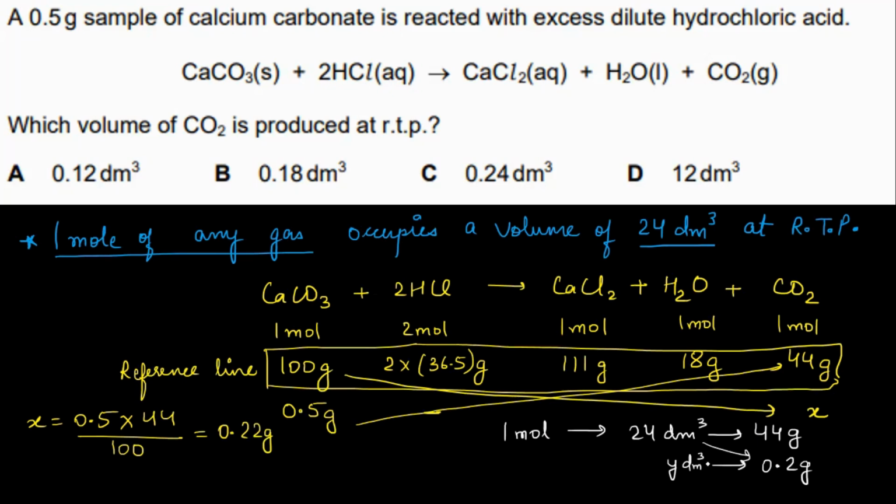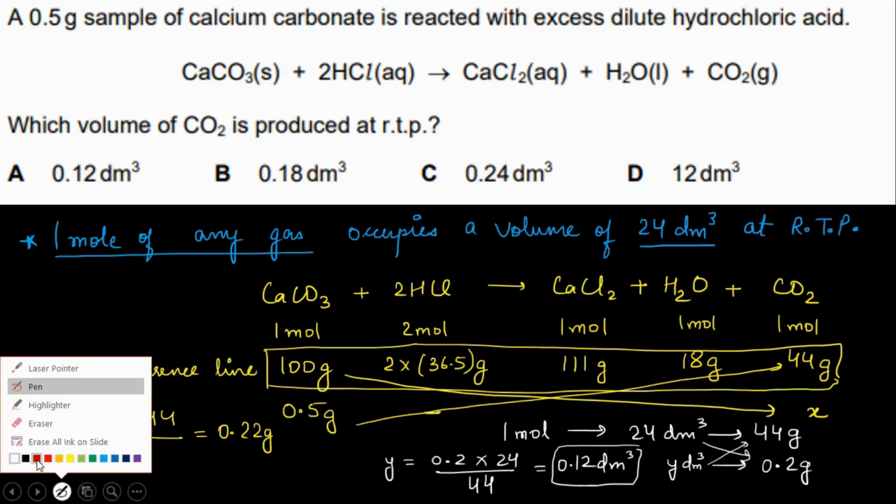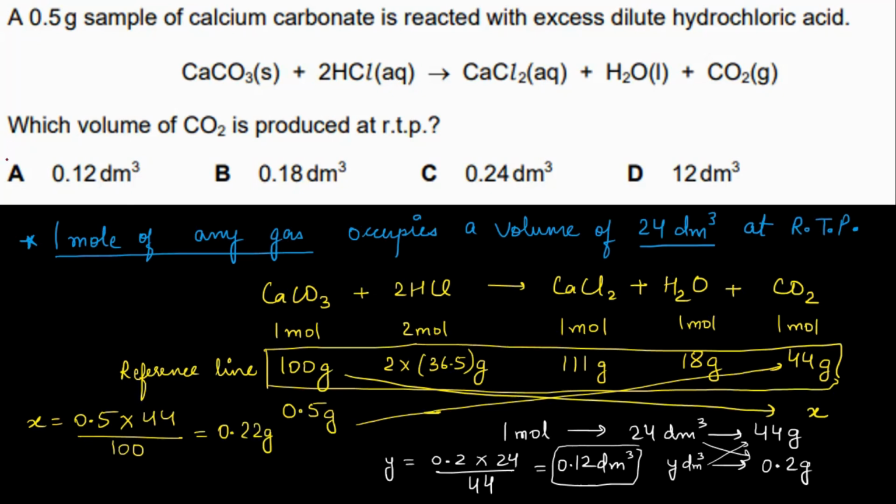Again, to find y, we will use the unitary method. Y is equal to 0.22 multiplied by 24 divided by 44. This gives 0.12 dm cube. So this is the volume of CO2 produced when 0.5 grams of calcium carbonate is present. Option A is correct.